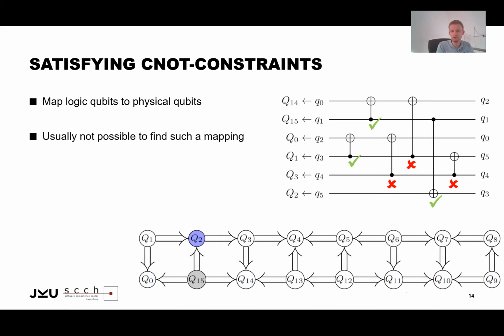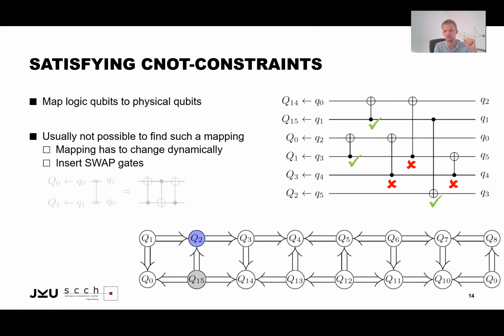Now, usually it is not possible to find a mapping from all the logical qubits to all the physical qubits which allows satisfying all the constraints for an entire circuit. Usually one single mapping, one single order of qubits, does not guarantee that for all of the gates. So what you usually do is you change the mapping of logical qubits to physical qubits in between. And that's what I mentioned before, it can be done with swap gates. That means a gate which looks like that, which simply takes two qubits and swaps their positions.